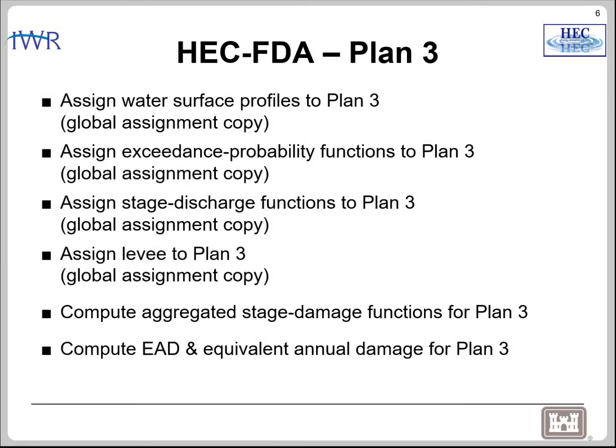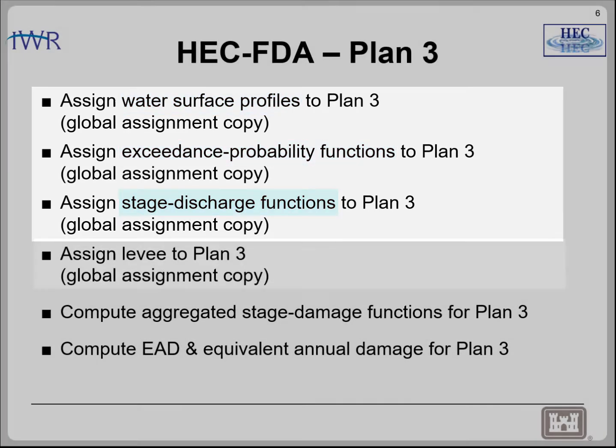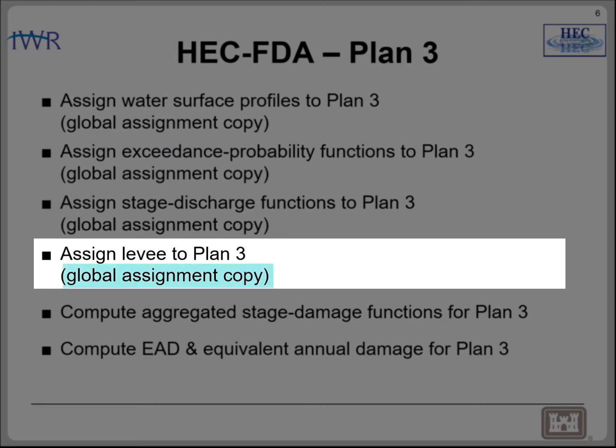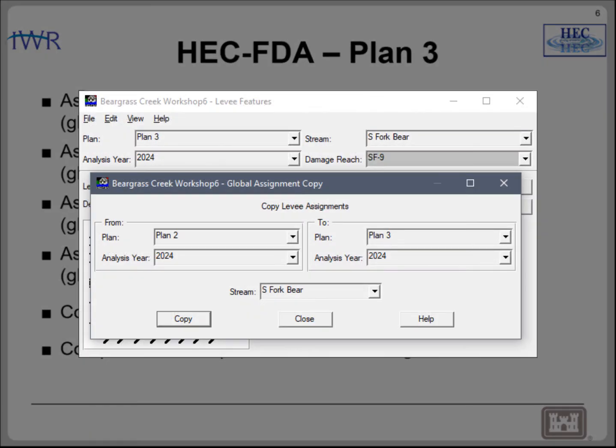In Plan 3, you will also use the global assignment copy to assign the water surface profiles, the exceedance probability functions, the stage discharge functions, and also assign the levy to Plan 3 using the global assignment copy. Again, when you're using the global assignment copy, make sure you're using the correct selections for the plan and analysis year you're copying from and to.